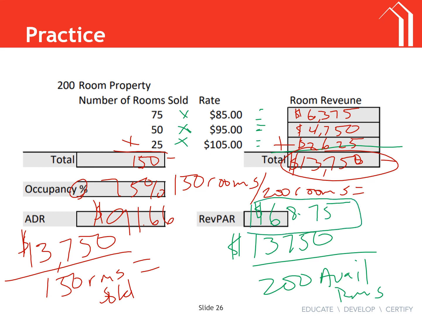Unless we are at 100% occupancy, RevPAR is always lower than ADR. We're taking the same number, but dividing it by more. So our RevPAR is always less than our ADR, unless we have 100% occupancy. Then it'll be the same. Okay? Questions, comments, concerns about this? Okay, so let me stop.